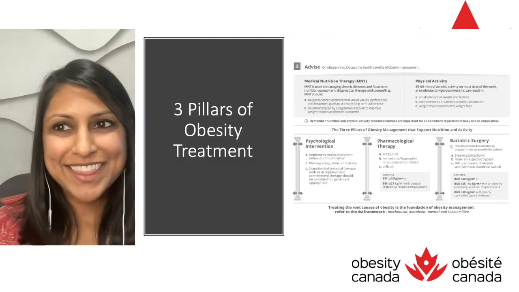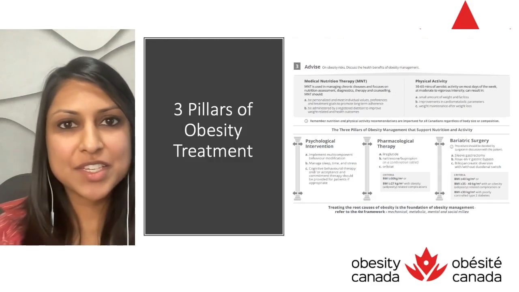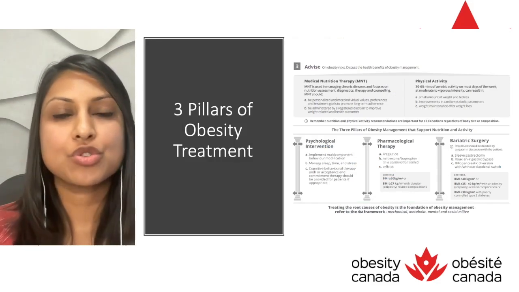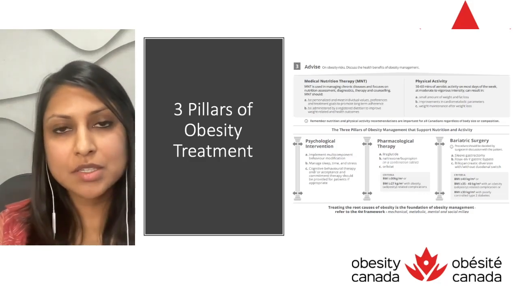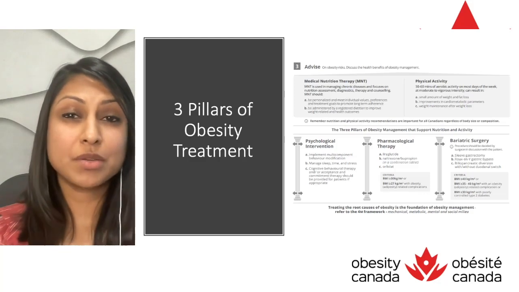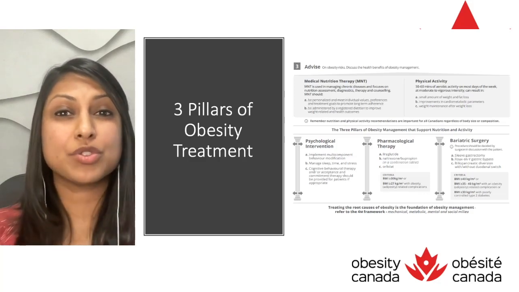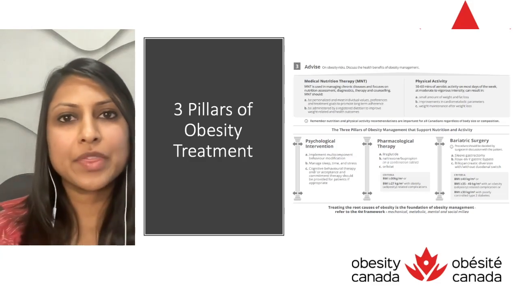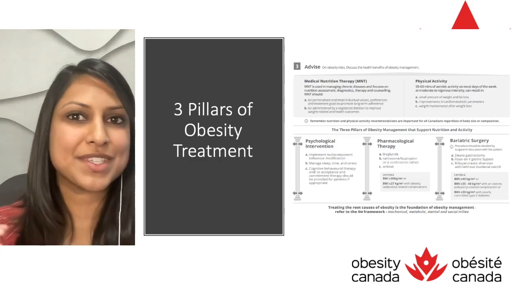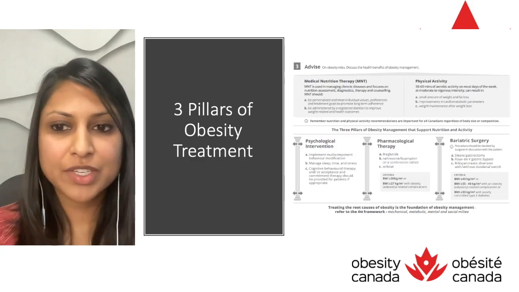So you've probably seen this today already. This is what the new updated treatment model looks like. Back in 2006, in our previous guidelines, the treatment model used to look like a simple triangle, kind of like the Canada Food Guide pyramid, where at the bottom of that triangle there was diet and exercise or lifestyle modification.